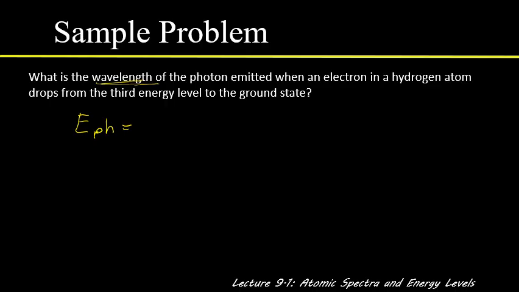So the energy of the photon is the absolute value of delta E, the absolute value of 1.94.